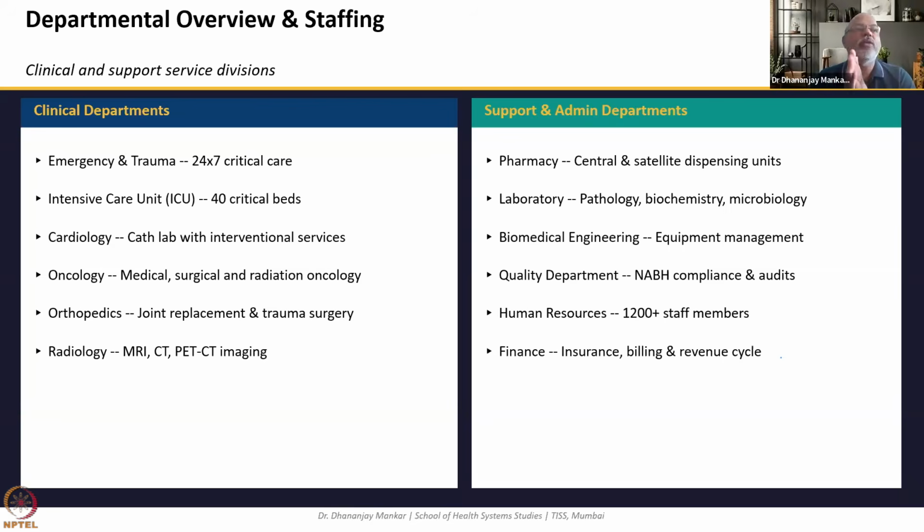Talking about human resources, this hospital has 1200 plus staff, which is sufficient overall for the need. For multidisciplinary work and taking on different challenges, healthcare workers are trained in the private hospital, and the support staff is well equipped and well developed.